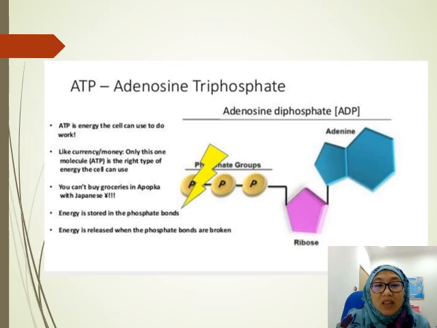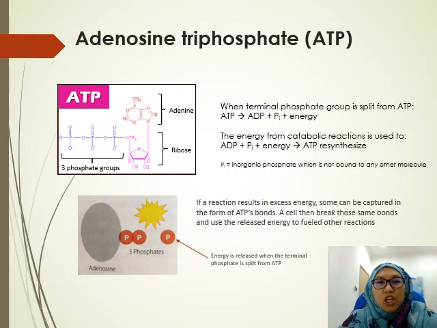So where is the energy stored? It is stored at the phosphate groups. Here are the most important parts of the ATP. Energy is released when the phosphate bonds are broken. A molecule of ATP consists of adenine, ribose, and the 3 phosphate groups.